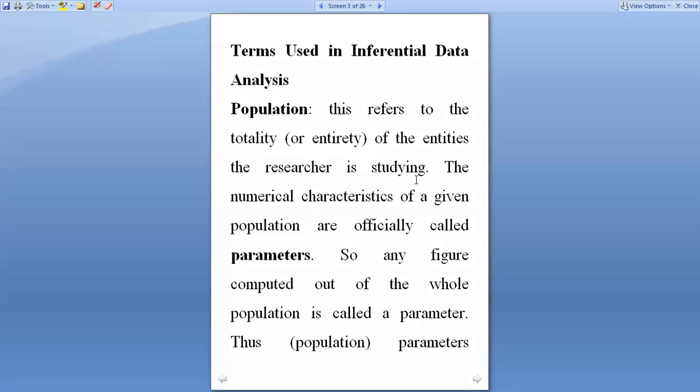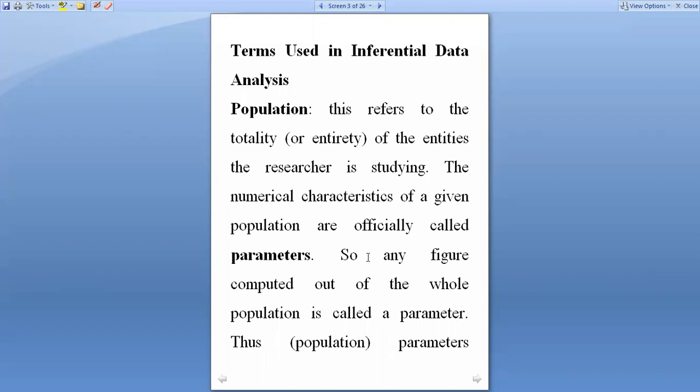Now, the numeric key characteristics of a given population are officially called parameters. Therefore, a parameter is any figure which refers to a population, or any figure which is derived out of the whole population.